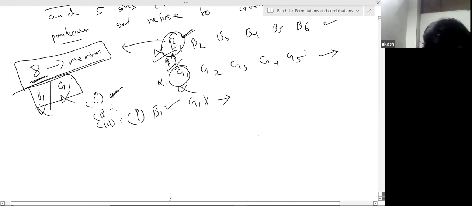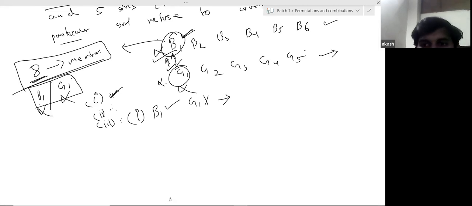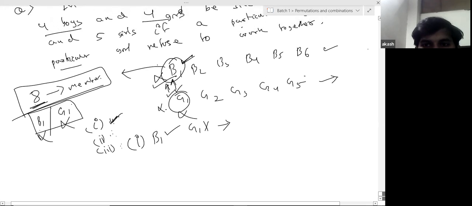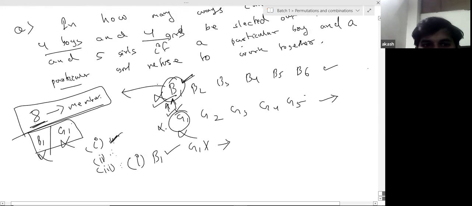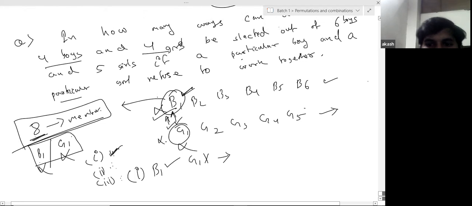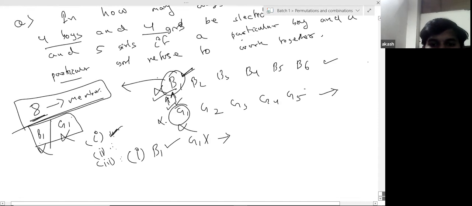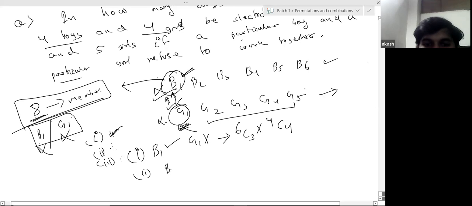So out of how many boys we have? 6 boys, right? So when B1 is already there, so you have to choose 3 boys out of 6 boys. So 6C3, and G1 cannot be there, right? So you have to choose 4 girls out of 4 girls. So 4C4. In the second case, B1 is not there and G1 is there.